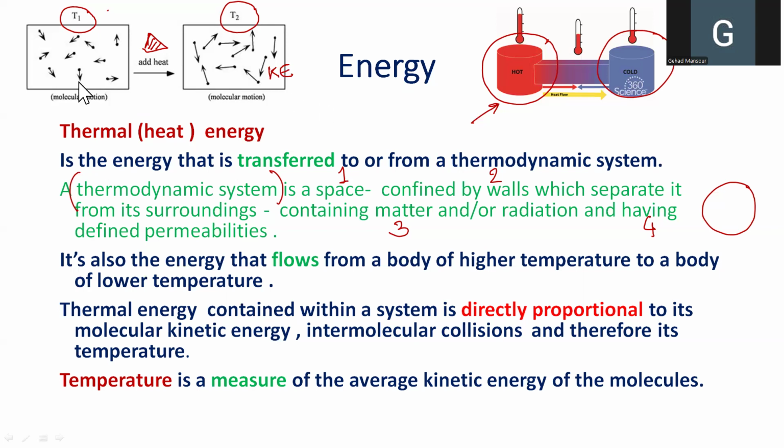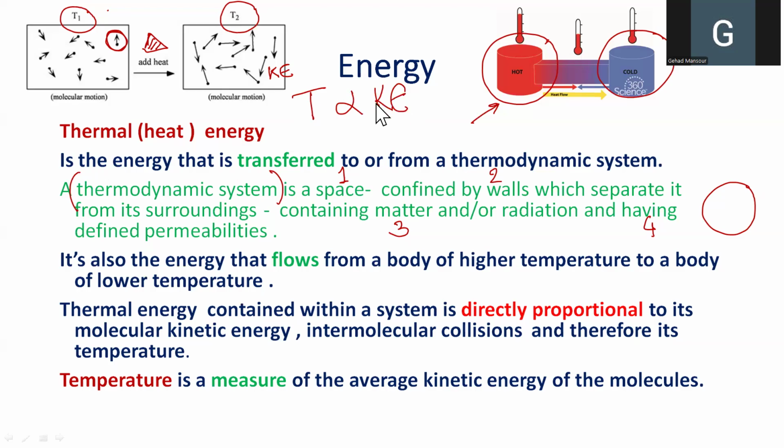How did we know? How is a higher kinetic energy represented on the diagram? By having a longer arrow. So the longer arrow here represents a kinetic energy that is greater in amount. Now, the temperature is therefore directly proportional to the kinetic energy.